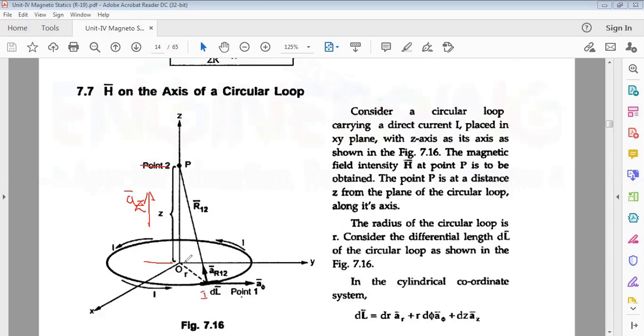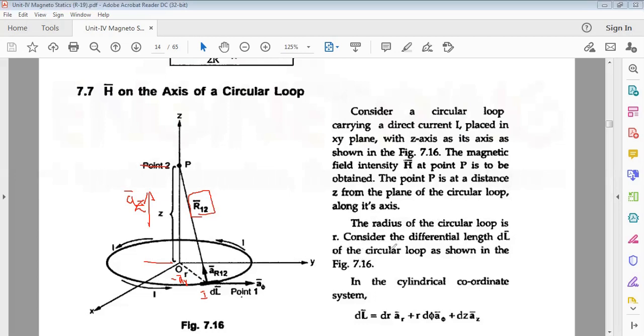From this point to the origin the distance is r, towards the negative direction, minus a_r bar, so we find r12 bar, because we are finding from point 1 to point 2. The radius of the circular loop is r, so the distance between the differential length dl bar and the origin is also r.